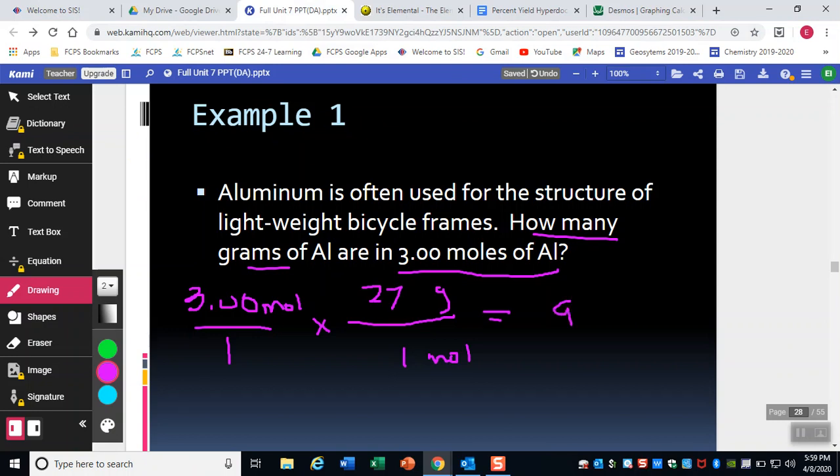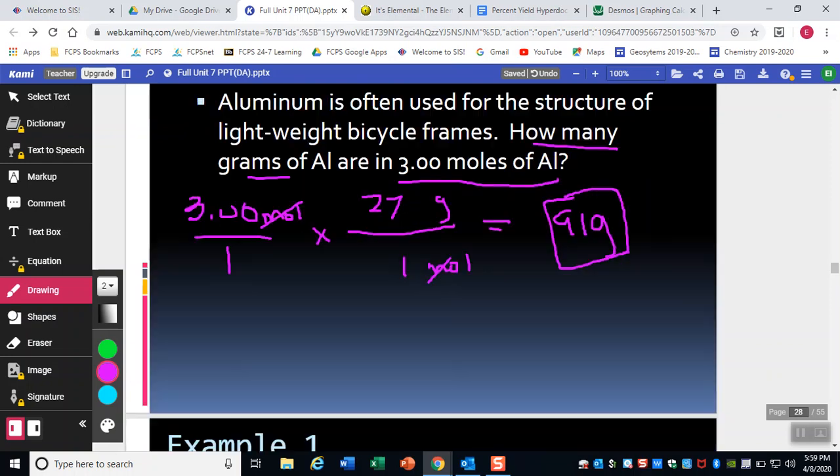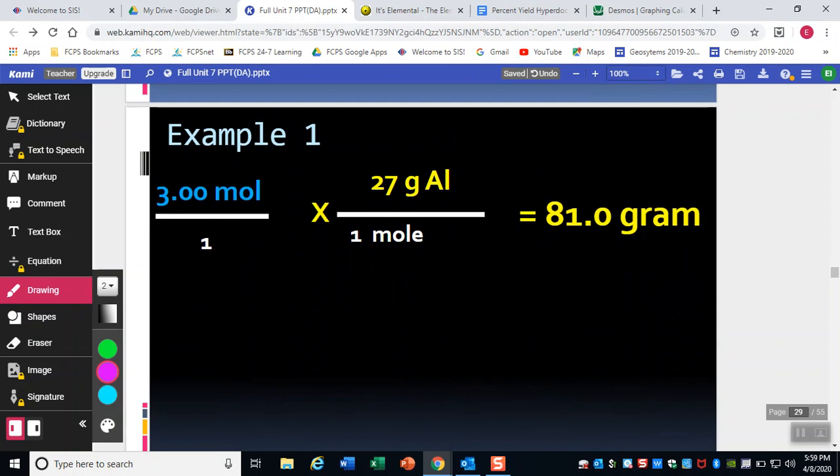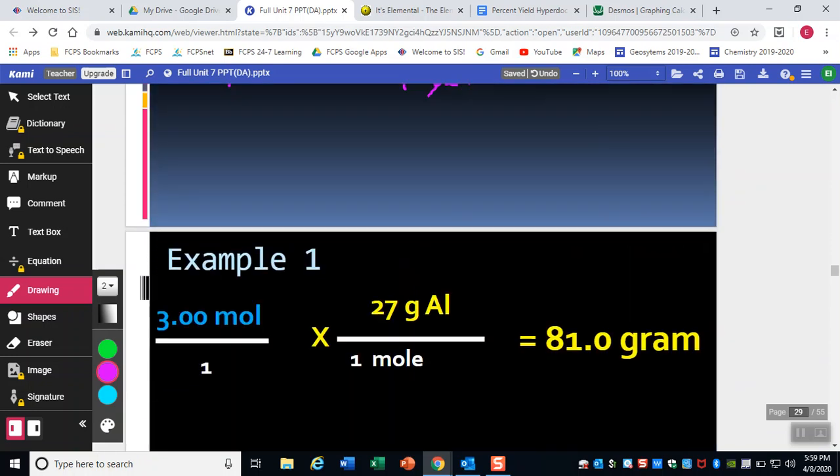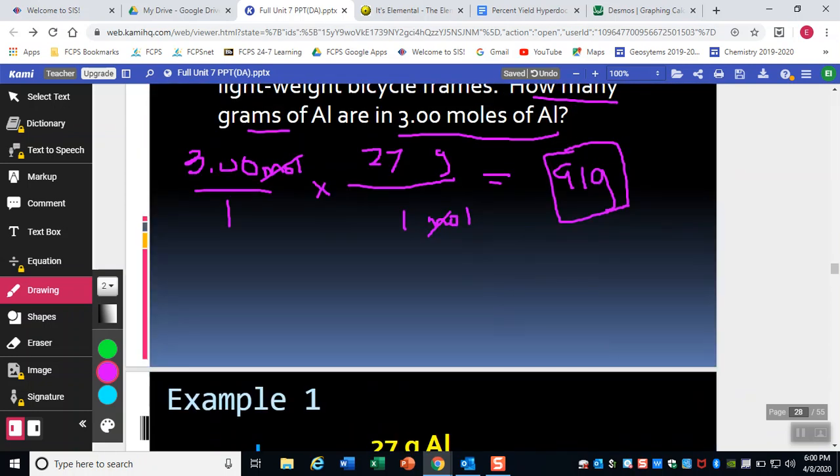And I get 91 grams. And it's just grams because the moles crossed out. And the question was, how many grams? So that is my answer, 91 grams. Oh, did I multiply wrong? I did. It's 81 grams.